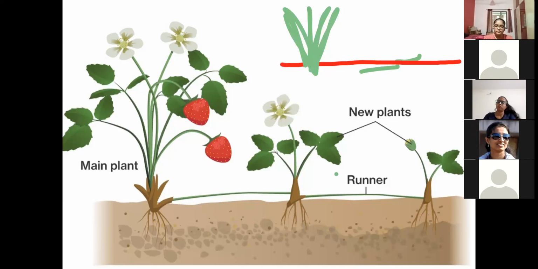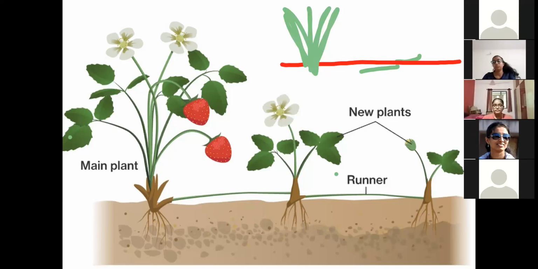Right? So actually their stem part, which is present over here, grows horizontally. That stem region grows horizontally, parallel to the soil.